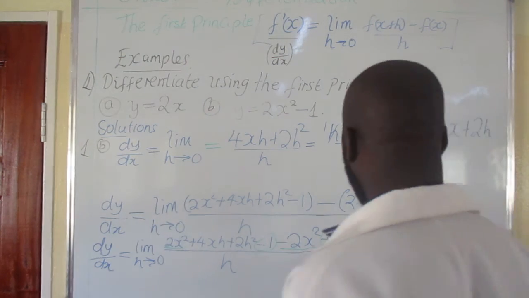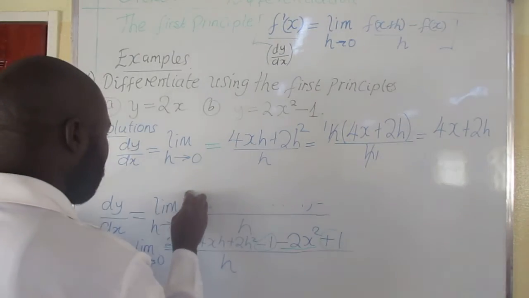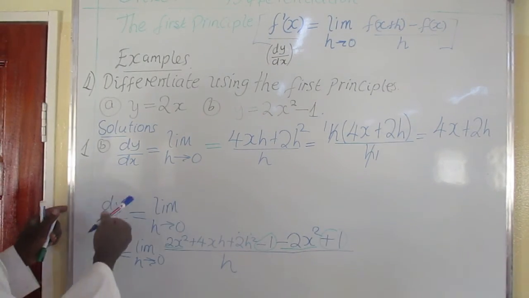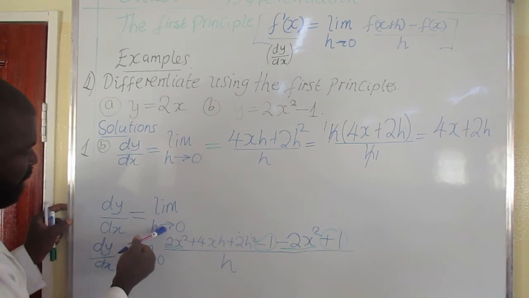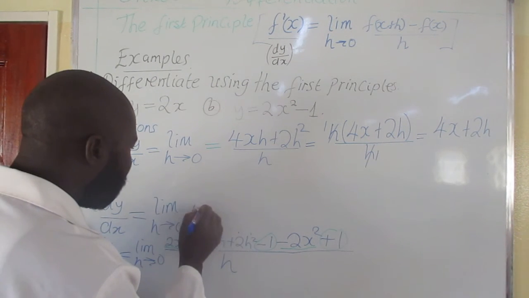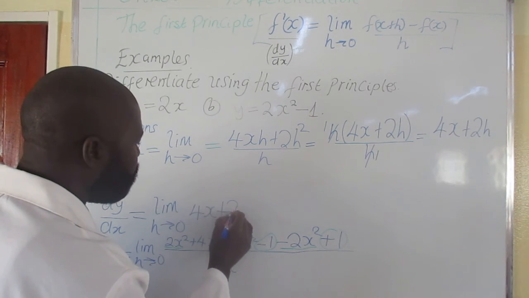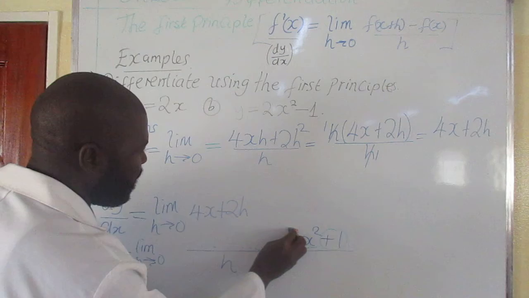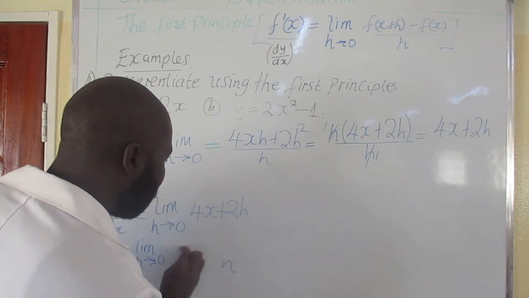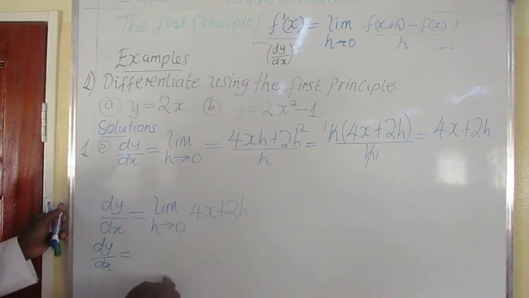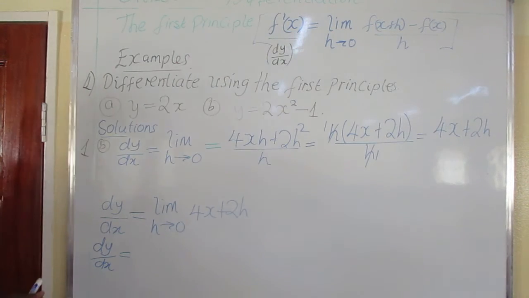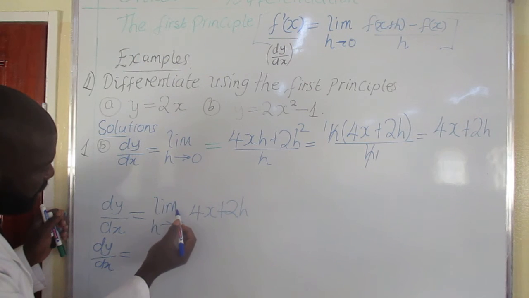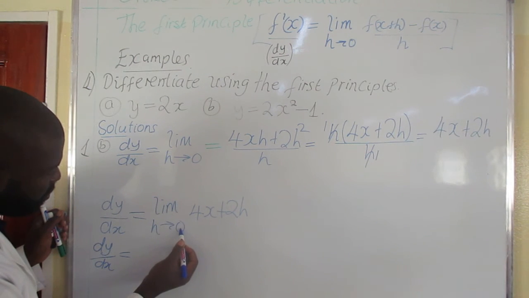Now, the question that we have now is dy/dx is equal to the limit as h approaches 0 of 4x plus 2h. So we have to evaluate this limit here so that we get our dy/dx. Now, evaluating this limit here, we are told the limit as h approaches 0.